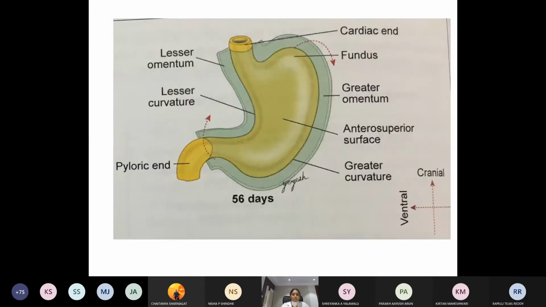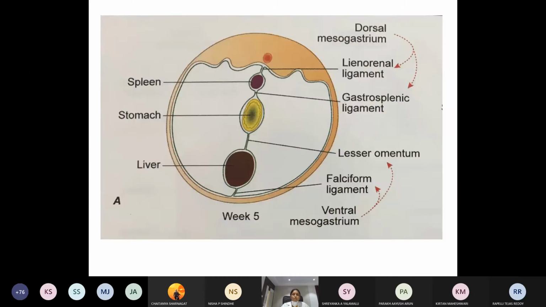Okay. This is all again the same which is shown. Now, see, this is the horizontal section of the same. The mesentery is shown here. Try to understand this horizontal section. This part is anterior. This is posterior. Clear? Here you can see the dorsal aorta. This is the anterior part.